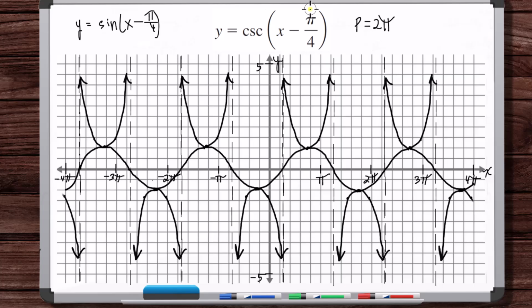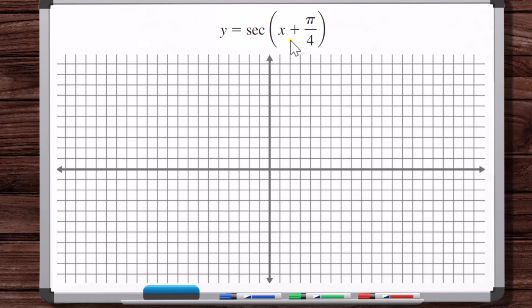There we go. All right, secant, but shifted to the left pi over 4. No other transformations. So let's do, okay, 1, 2, 3, 4, 5.